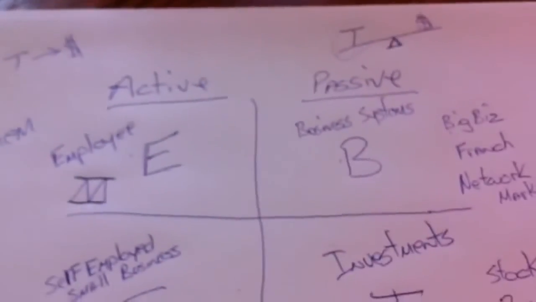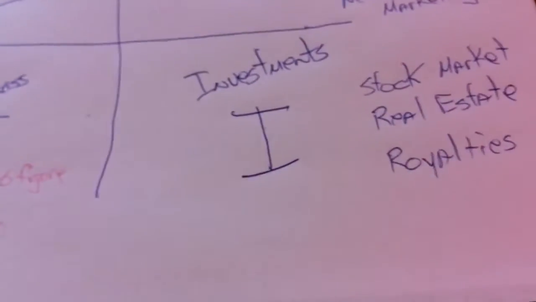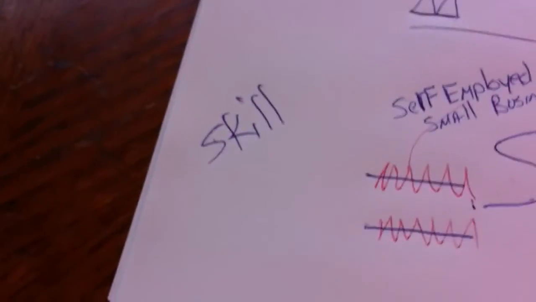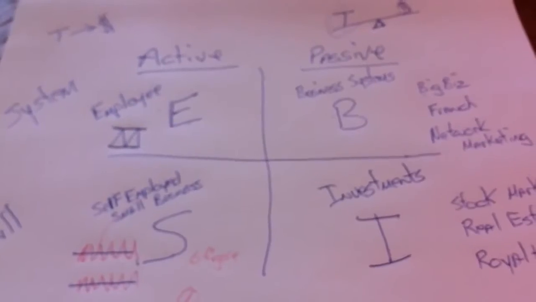The E quadrant and the B quadrant, they're both system oriented, and the S quadrant and the I quadrant, they're both skill oriented. So that's pretty much a good overview of the cash flow quadrants. There's several good videos out there on YouTube about cash flow quadrants, and Robert Kiyosaki explains it best. He's the one that invented this.